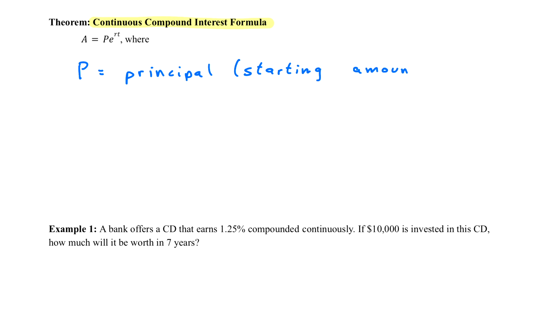So this is the amount of money that you would be depositing into a bank or putting into some sort of investment. r is your interest rate, and your interest rate has to be written as a decimal, has to be in its decimal form.